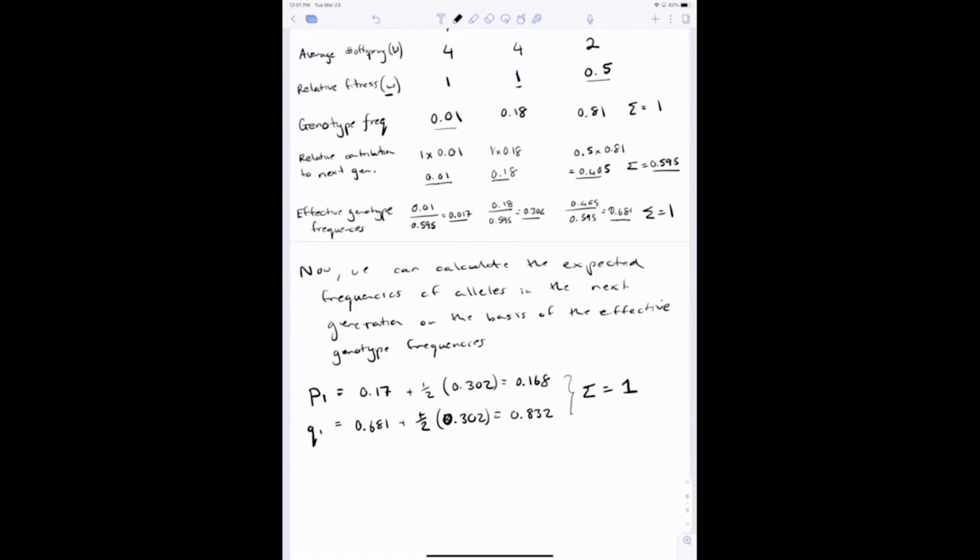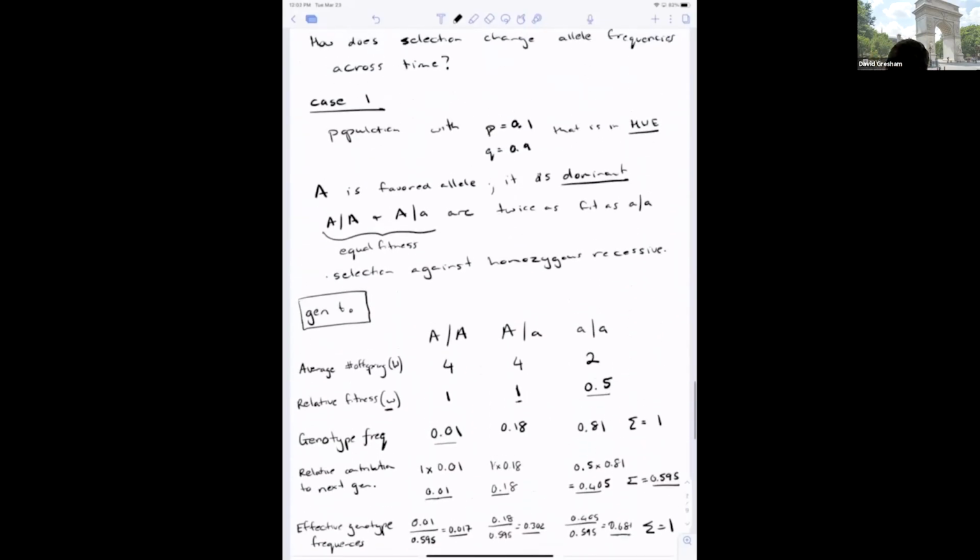Okay. I have a question. Yeah. Is it 0.017? It is 0.017. Sorry about that. Thank you. Which means, but this allele frequency is still correct, right? 0.168. Yep. Because we started in this generation, p0 and q0, with an allele frequency of 0.1.